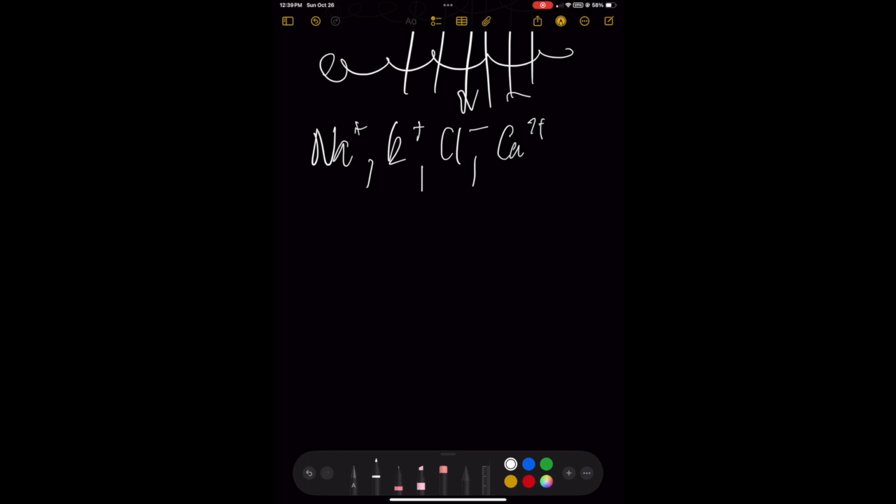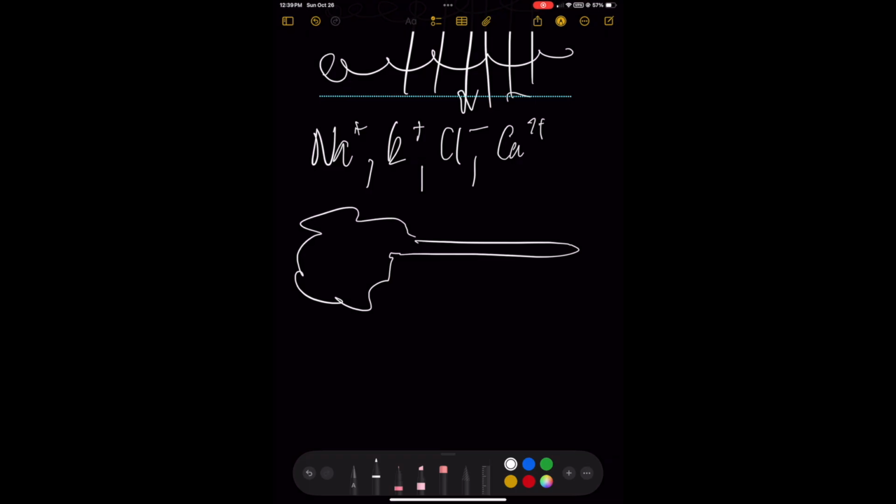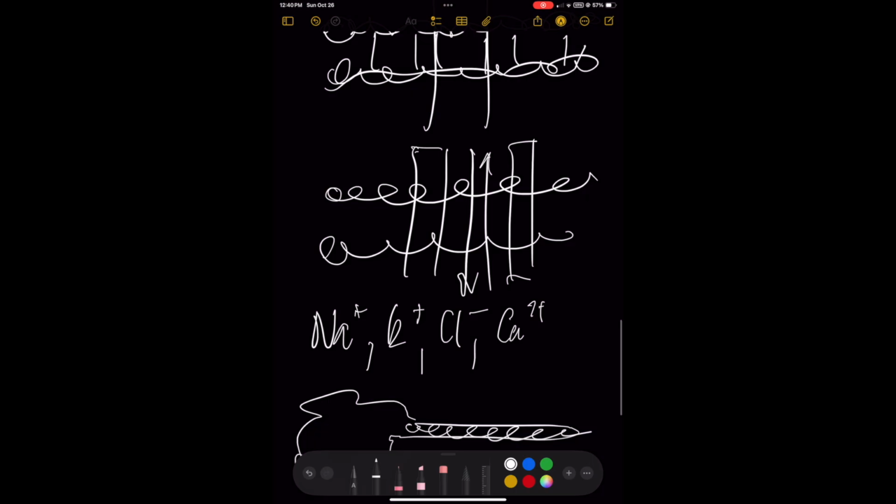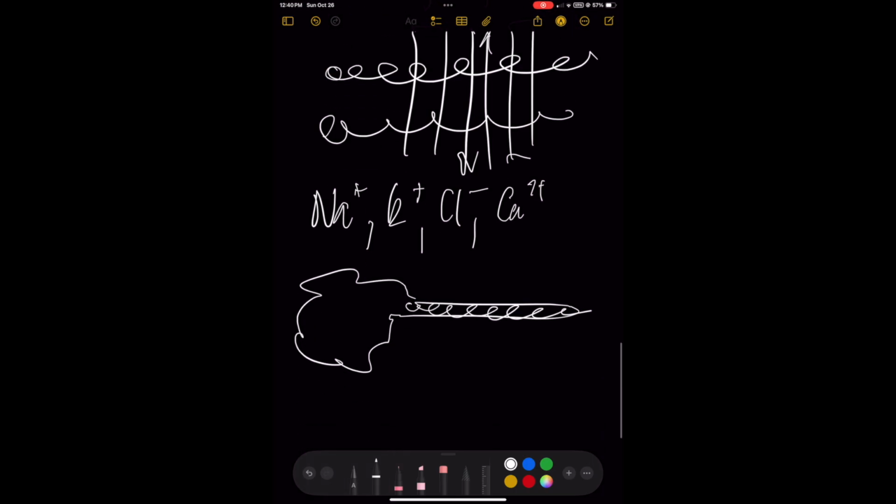And this is essential in the neurons in your brain. The neurons are shaped like this and have this, and this is where these ions are stored right here. And this is how barbiturates and benzodiazepines work, because benzos and barbiturates allow for Cl to come in the cell.